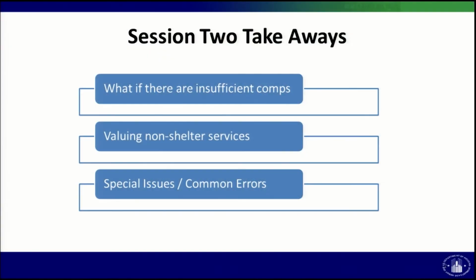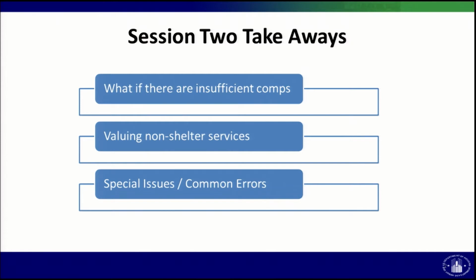Before we move on to Session 3, let's take just a minute to review the takeaways from Session 2. I hope that, number 1, you have a better understanding of the procedures to follow if there are insufficient comps in the area.